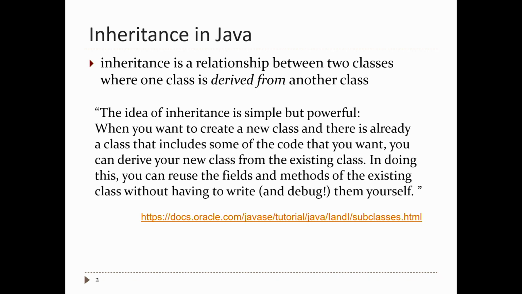When you do so, you get all of the capabilities of the existing class without having to write any extra code yourself. That also means that if you inherit from a well-tested class, then you have to write less code to test and debug your new code. So one of the reasons for using inheritance is code reuse, or efficient code reuse.